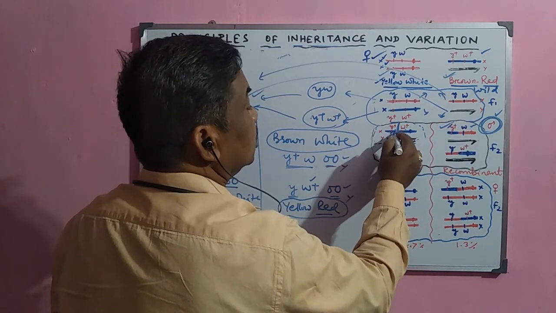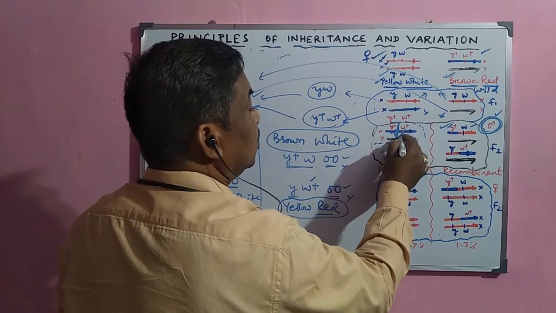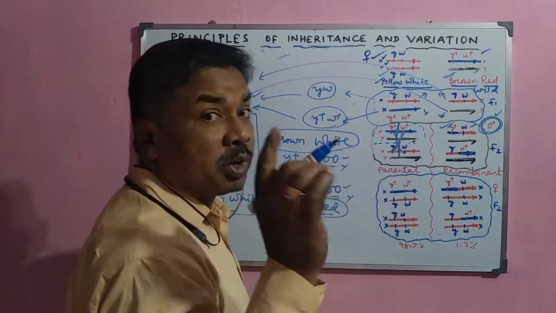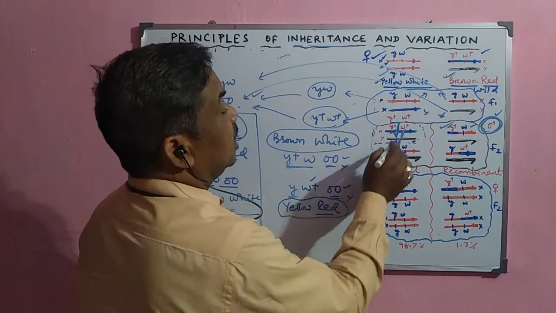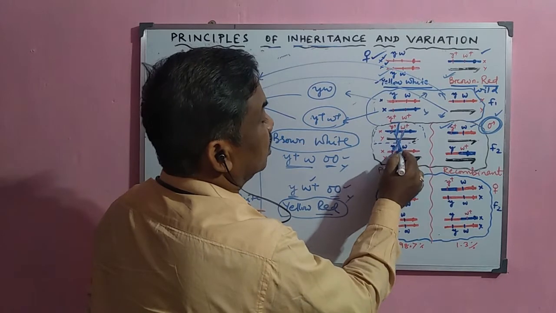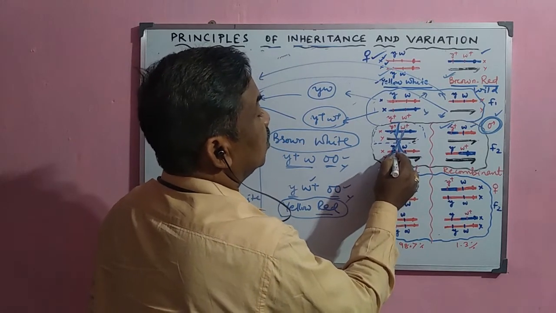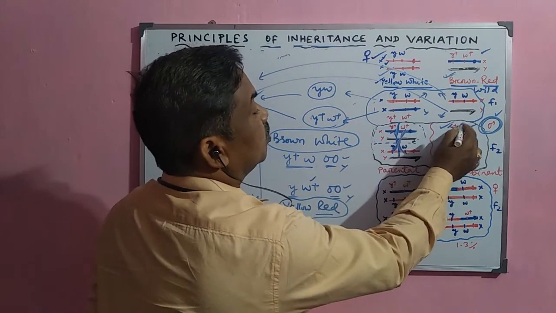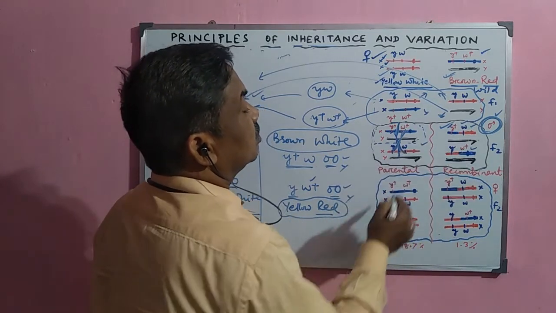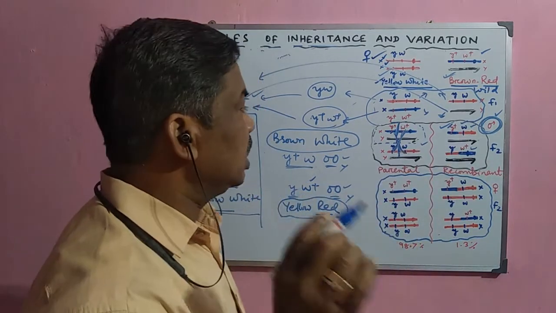So how did Y plus W and Y W plus get separated from one another? These new combinations, Y plus W and Y W plus, were observed in the F2 generation.